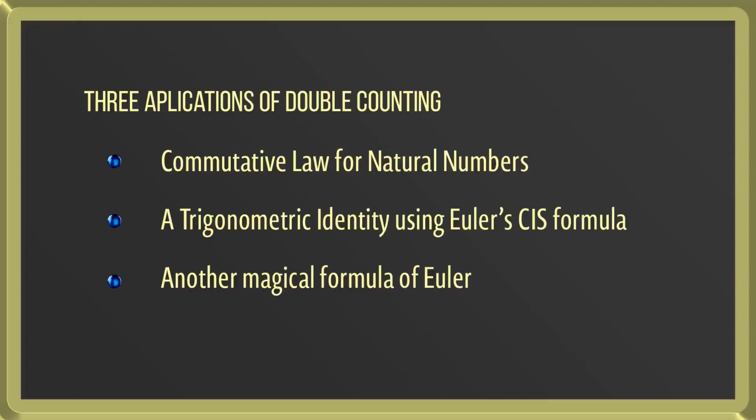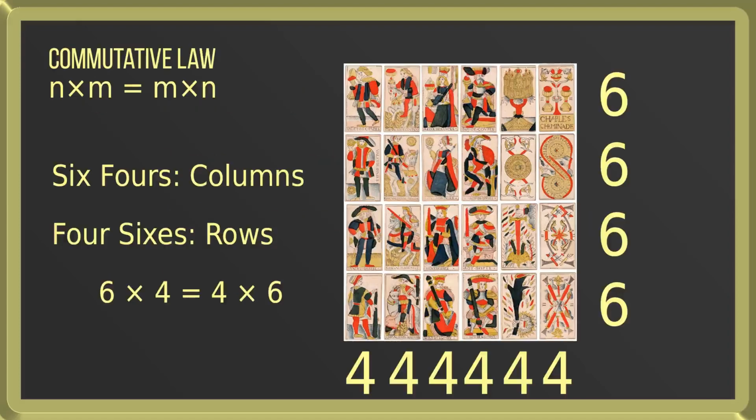Before I close, let me show you 3 interesting applications of the principle of double counting. The first one is a cute one which can even be taught to children in primary classes. Shown is a picture of 24 playing cards arranged in 4 rows and 6 columns. Each row has 6 cards and each column has 4.